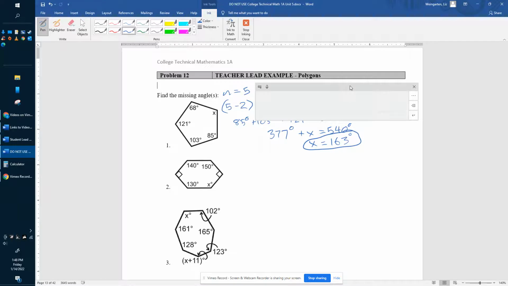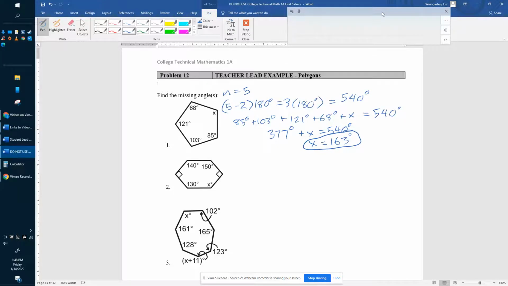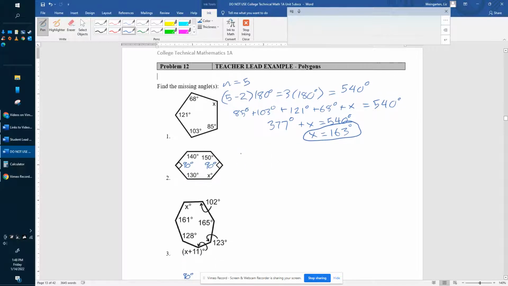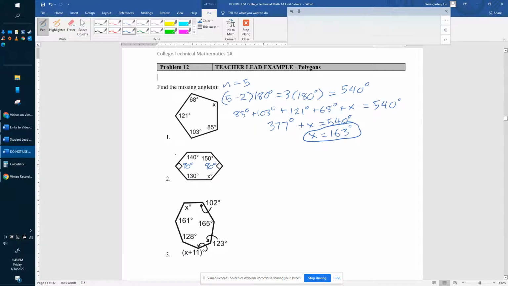All right, number 2. We have these squares here. That means that these are 90 degrees each. So what shape is this? 1, 2, 3, 4, 5, 6. A hexagon.